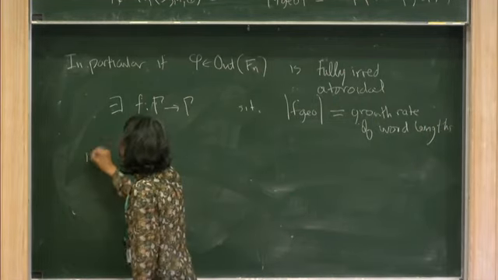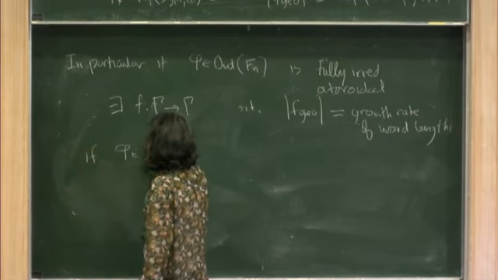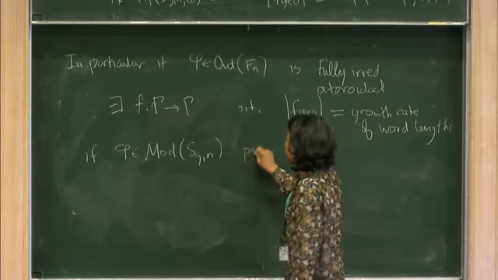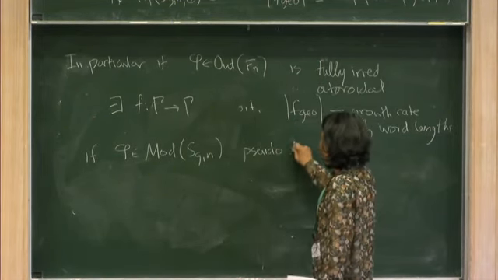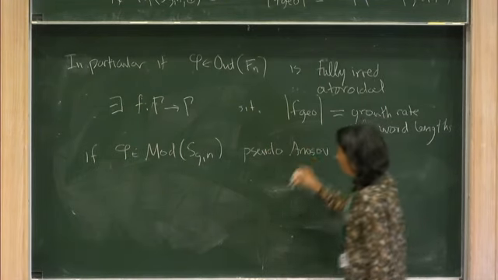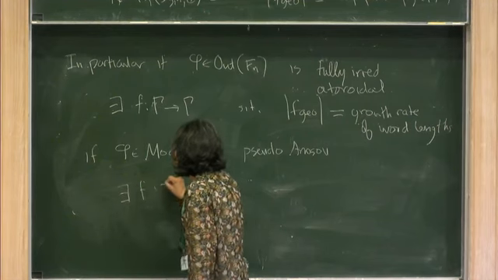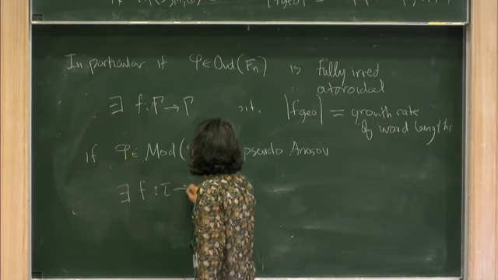And if phi in Mod(S_g,n) is pseudo-Anosov, then there exists a train track map. So it's even better.